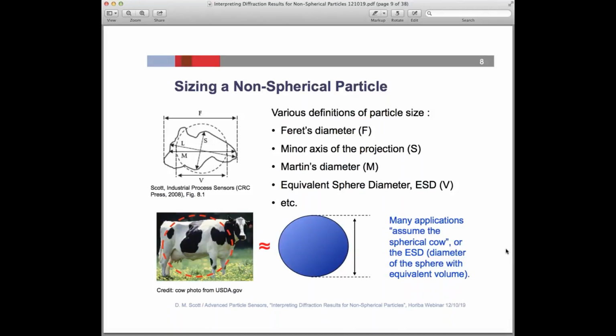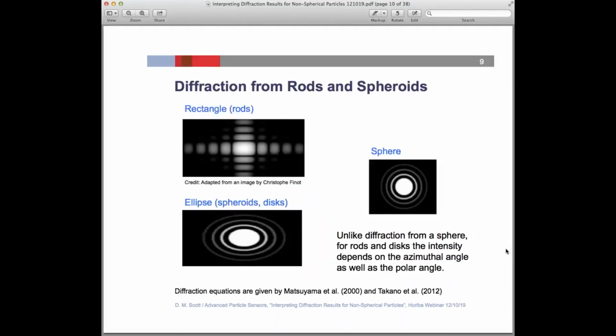So that's the first way in which non-spherical particles differ from spherical particles: right away we're dealing with an approximation. Next, it's important to realize the diffraction pattern from things like rods or spheroids or ellipses, an ellipse is a spheroid, basically, is different than that from a sphere.